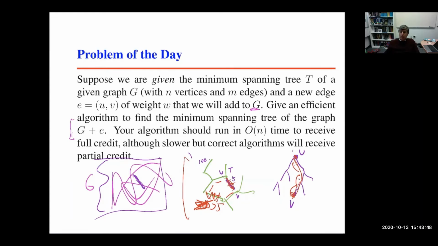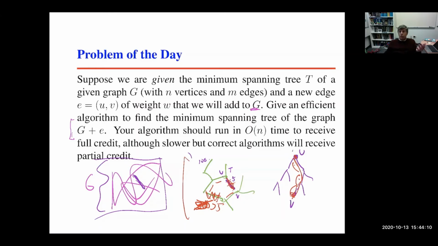Okay? Any questions? Yeah, that makes sense, but can you go over again how you know that inserting an edge connecting U to V is going to create a cycle? I know because a tree is by definition the minimum connected graph.